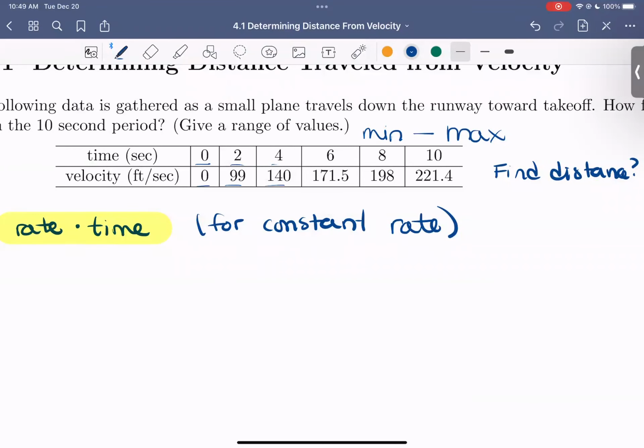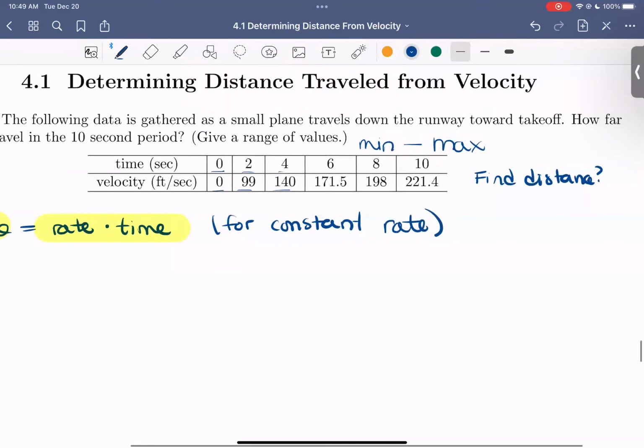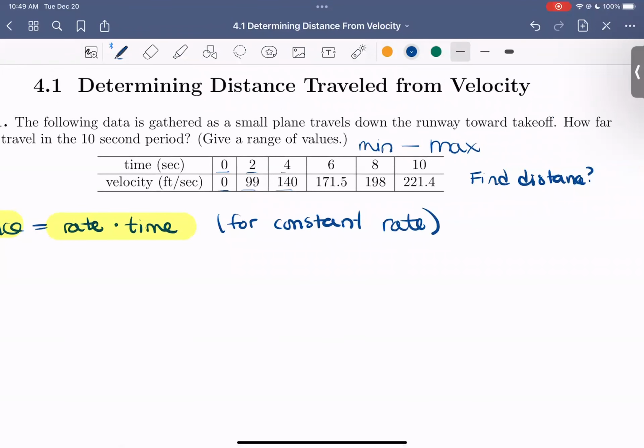Okay, so after you've had a chance to think about this data and how you might solve this problem, let's do some work together. So first of all, we can observe that this plane is not traveling at a constant rate or constant velocity. It starts at 0 feet per second, gets to 99 feet per second, all the way up to 221 feet per second. So this plane is speeding up, right?